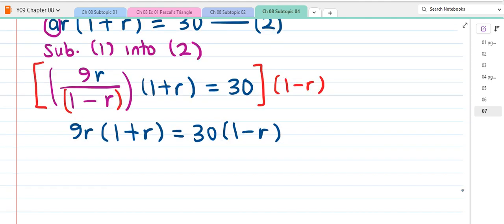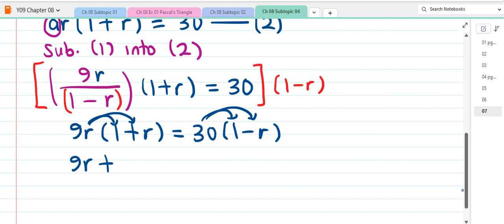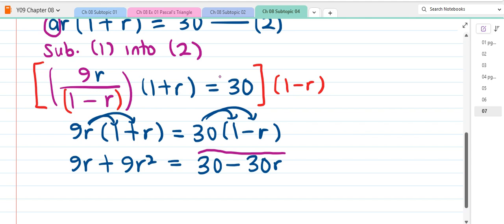So this one is quite easy to solve. Okay, so let's have a look if we expand this. So 9r plus 9r times r is 9r squared, equals to 30 times 1 is 30, minus 30 times r is 30r. So here it's quite predictable that this will be a quadratic equation with r as the unknown.